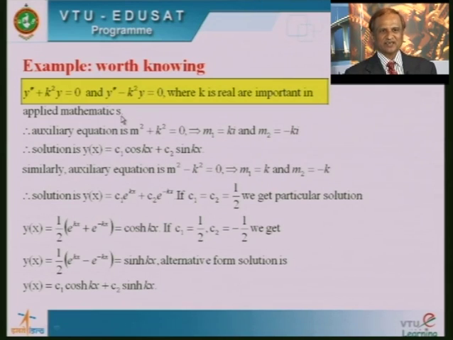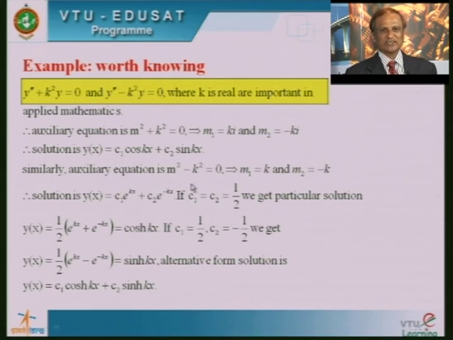And similarly, here one more differential equation is there: y double prime minus k square into y is equal to 0. Exactly in the similar way, you can write in symbolic form: D square minus k square into y is equal to 0. Again, D can be replaced by m. It becomes an auxiliary equation: m square minus k square is equal to 0.